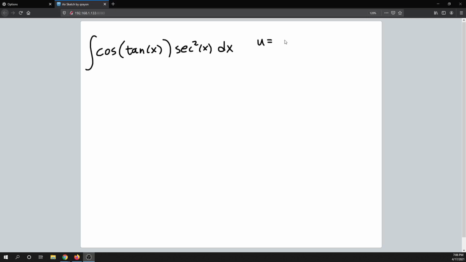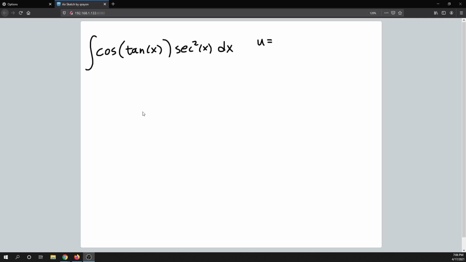All right, so in the substitution method, we need to pick some part of the expression to be equal to u and make that substitution and hope that we get a simpler integral to compute than this. And here we can see that there is a pretty obvious good choice for u in this case.